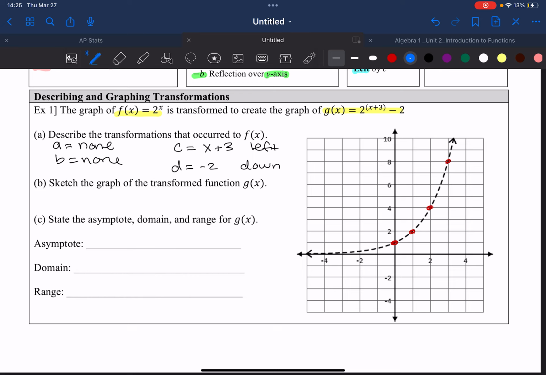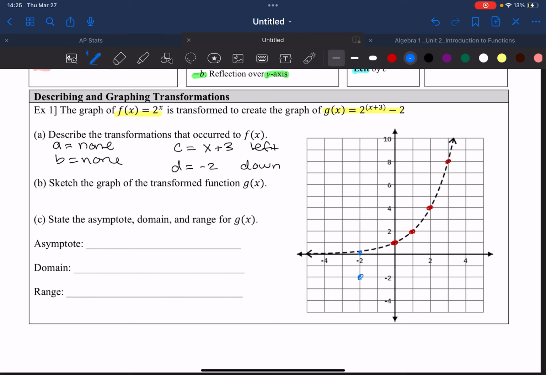So we're going to go left 3, down 2. So starting here, I'm going to go left 3, 1, 2, 3, down 2, 1, 2. That's going to be my new point. And I'm going to do the same thing for every single point that I highlighted here. So left 3, down 2. And I think there we go.